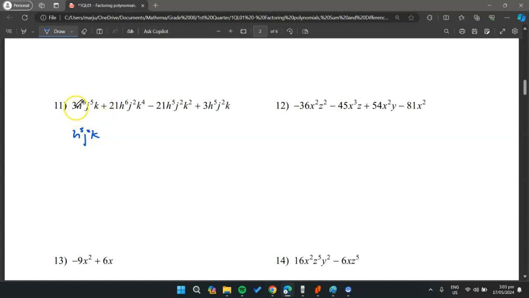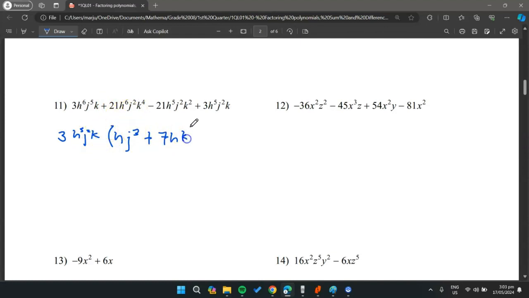Then look at the numbers. We have 3, 21, 21, and 3. So again, the common will be 3. So we'll do that. Cancelled out 3. We will have h, j cubed plus 7. And then h, j is cancelled out.